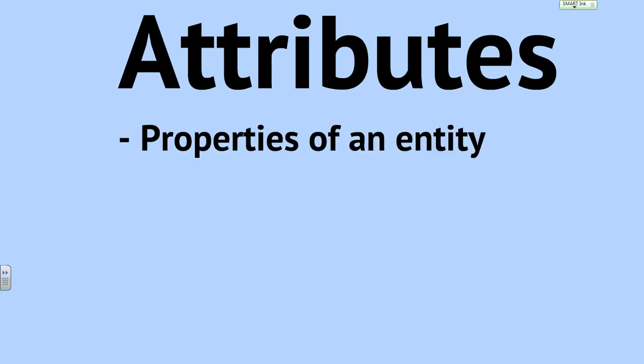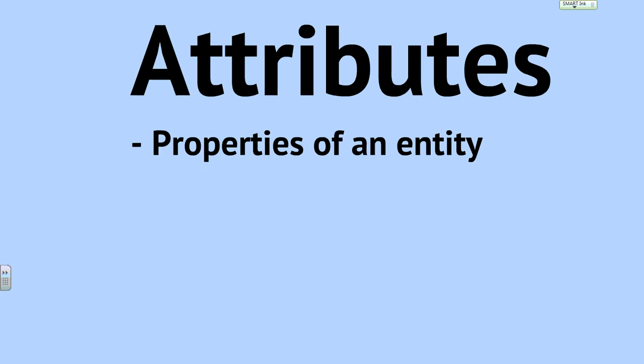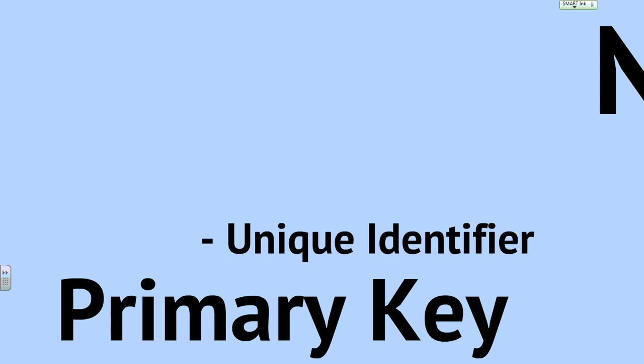An attribute is a property of an entity. Attributes give you the properties of these entities. The primary key is a unique identifier.